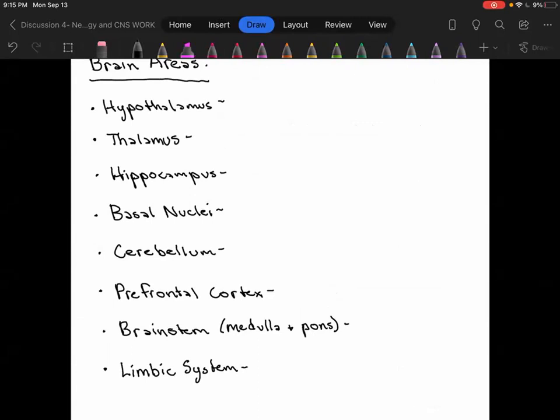So our hypothalamus is responsible for regulating homeostasis. So all of those things that keep us alive, like thirst, hunger, body temperature, etc. So we also see endocrine functions that we learned about last week coming from the hypothalamus, but that neuro function is going to be working with homeostasis.